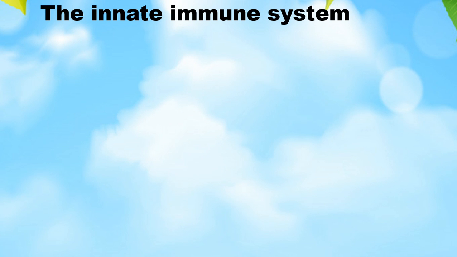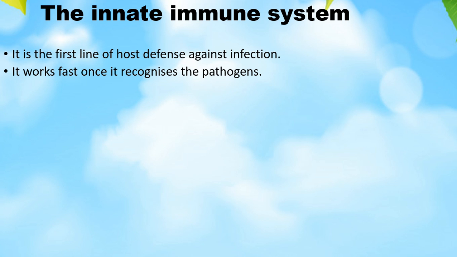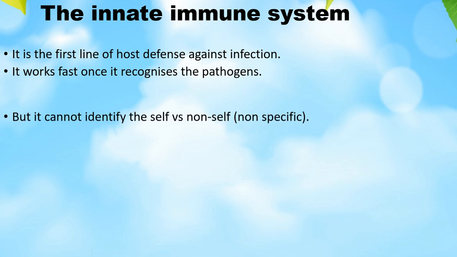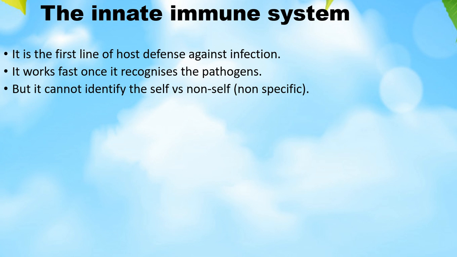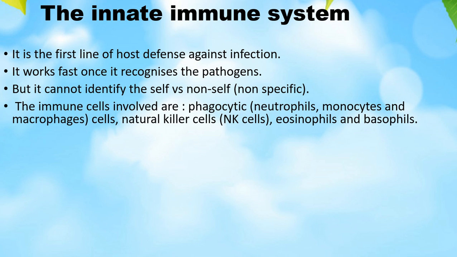The innate immune system is the first line of host defense against infection, and it works fast once it recognizes the pathogens. But it cannot identify self from non-self. The immune cells involved are phagocytic cells and natural killer cells.